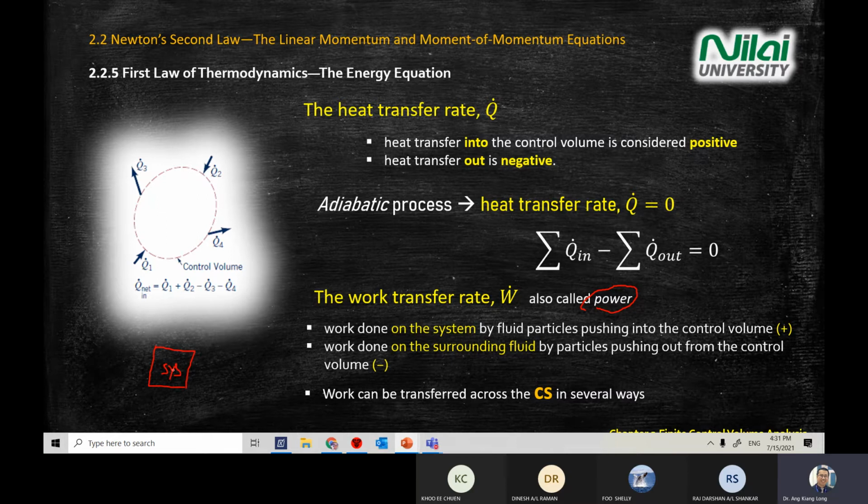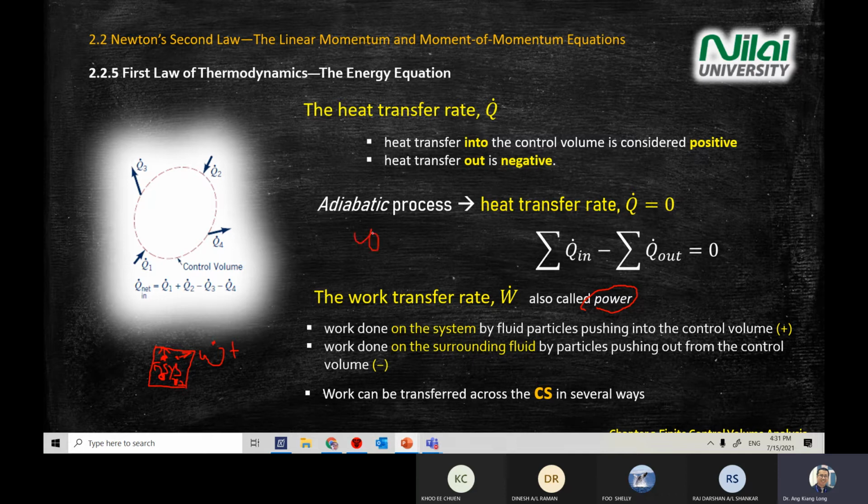If something is done by the fluid particle, let's say you have a lot of air, oxygen or water vapor molecules here, and this molecule did something to the wall here, your W dot will be positive. If your molecule did something on the system, your work will be positive, or you have a positive power.